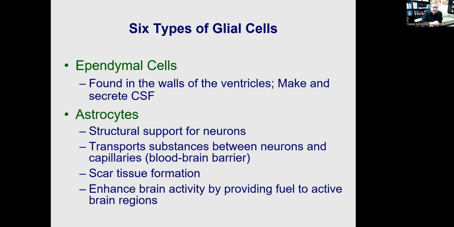We mentioned in the previous chapter that there are glial cells, and I provided a brief explanation for what they do, but here I have a more complete list of the glial cells. So the first ones here are known as the ependymal cells, and these produce cerebrospinal fluid. What we have in terms of cerebrospinal fluid is really something that needs to be continuously regenerated because we lose it.